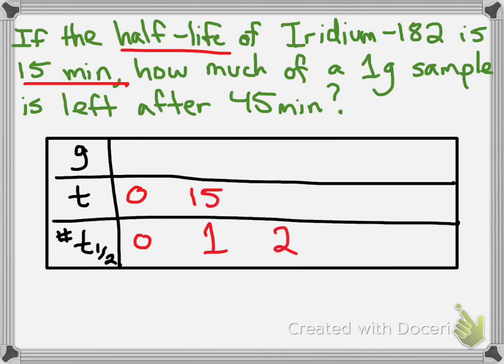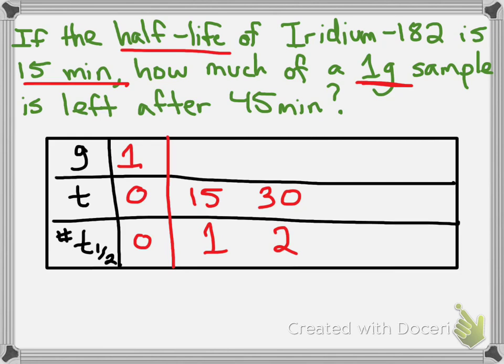After another half-life, 30 minutes will pass, because this is 1 half-life, 0 to 15, and 15 to 30, we're adding another 15 minutes, so that's another half-life. And so on. I have a 1 gram sample, so initially I'm starting with 1 gram.